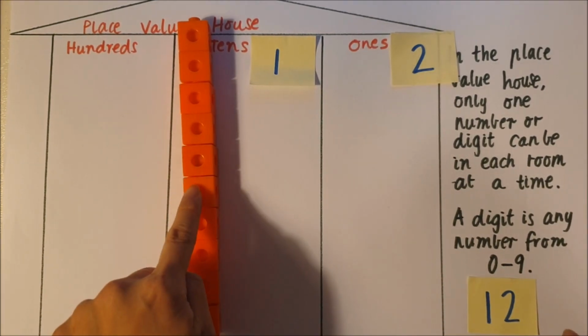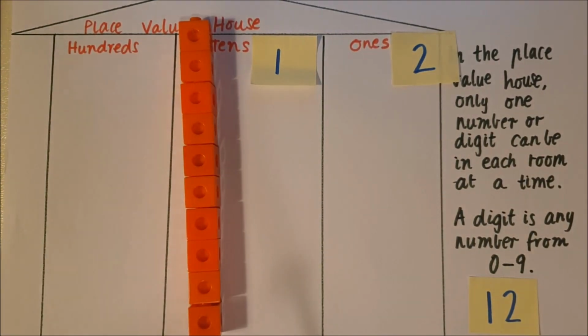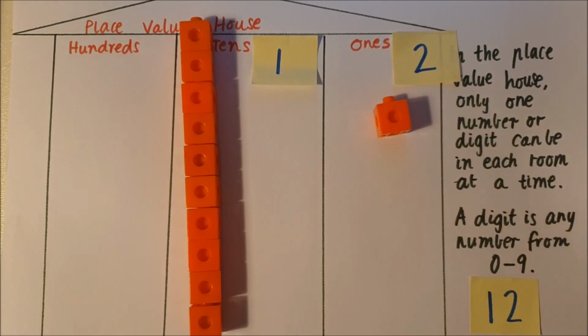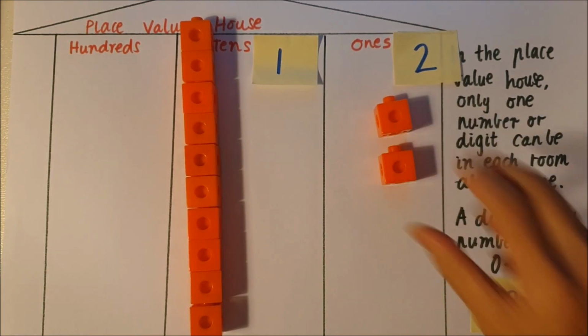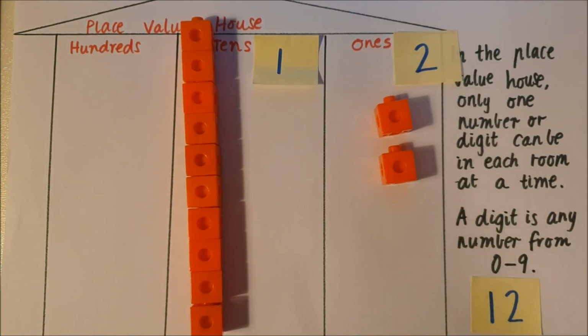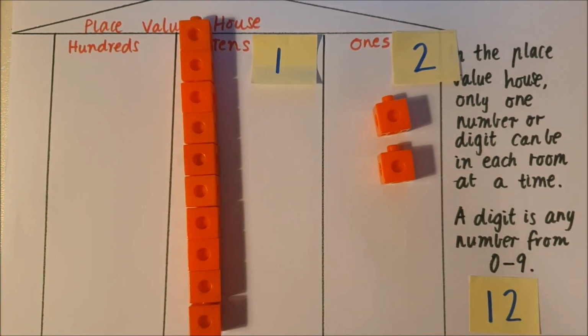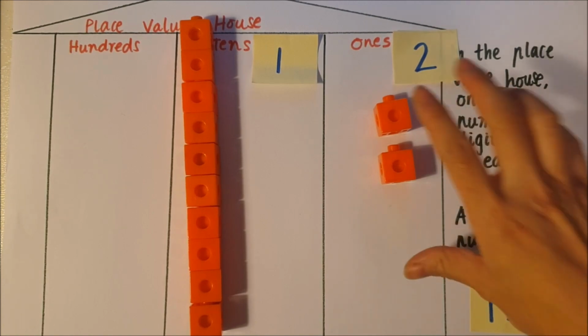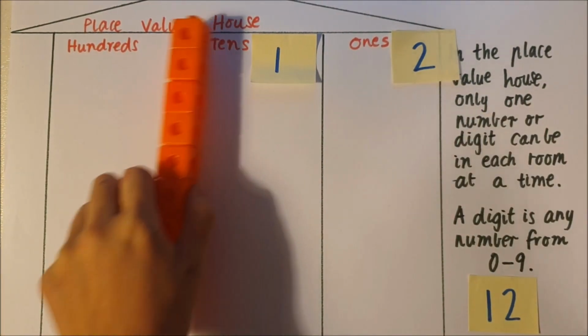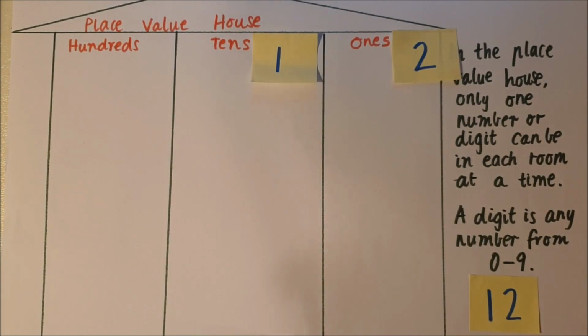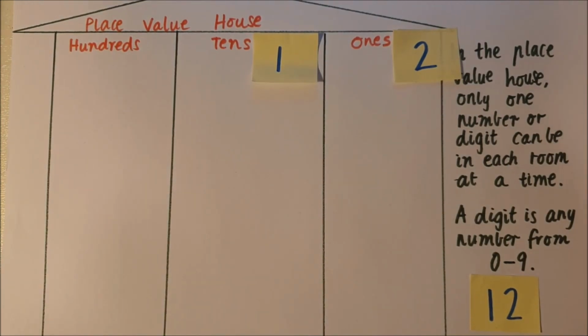So here I've got the 10, and what I need to do is put 2 more in this house. So bundling it into a 10 makes it a lot easier to count. So now I'm going to take all of these blocks away. Let's have a go at bundling some other numbers.